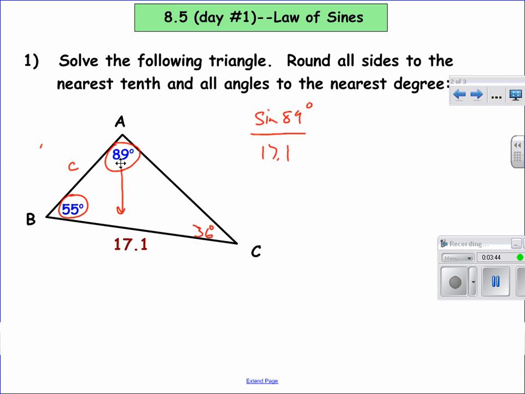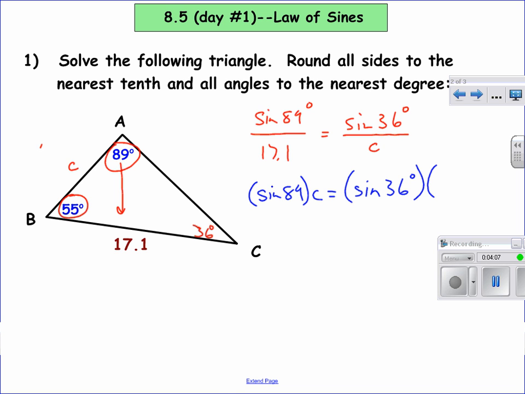So the sine of 36 degrees over little c. All right, cross multiply, and we get the sine of 89 degrees times C equals the sine of 36 degrees times 17.1.